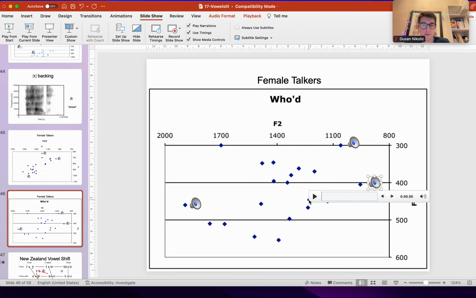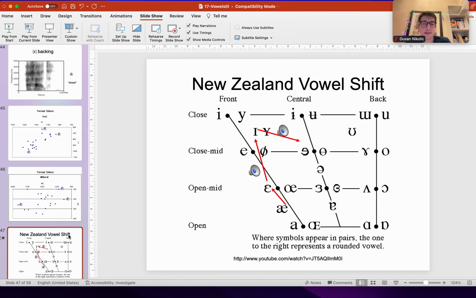Hood, right? Maybe this one is the most standard one. This one too, but this one is definitely front. So it does happen in female speakers.